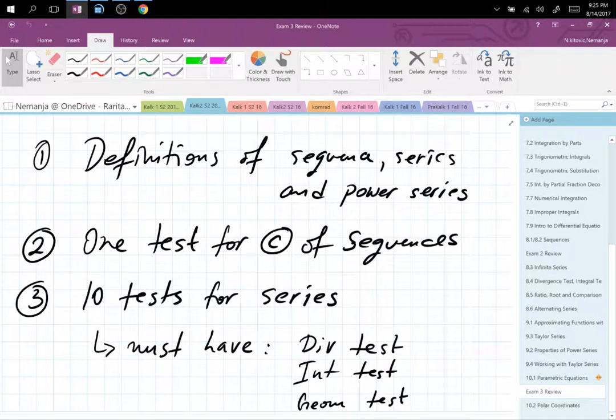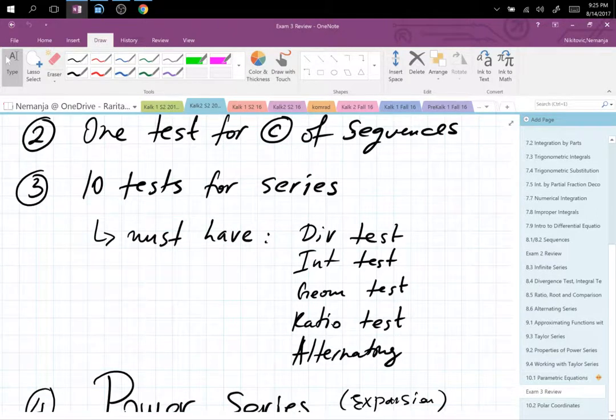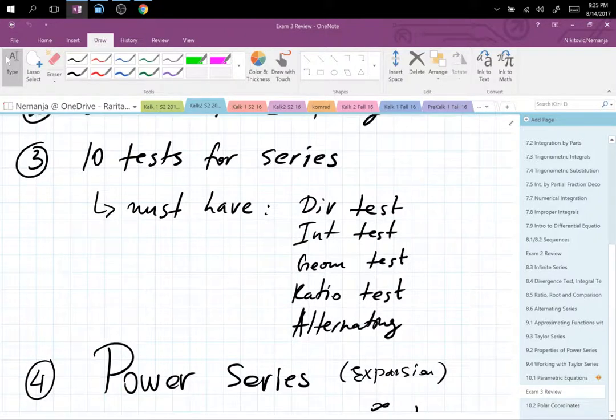At least one problem where you are testing the sequence, because a sequence can converge or diverge, and it's the limit test. And then you have 10 tests for series, which are on the paper I gave you. And those 10 tests you will recognize. I listed here earlier the 5 most common tests that are used.